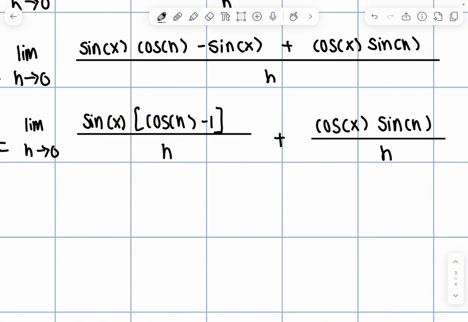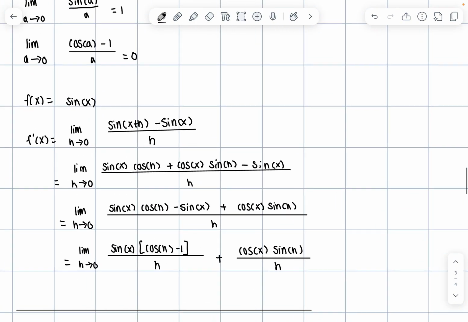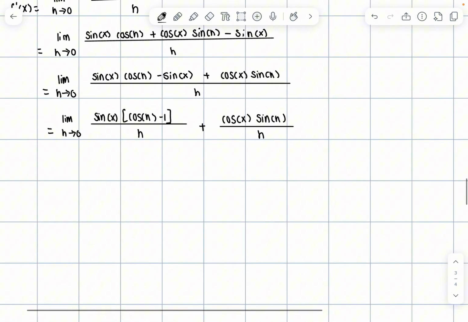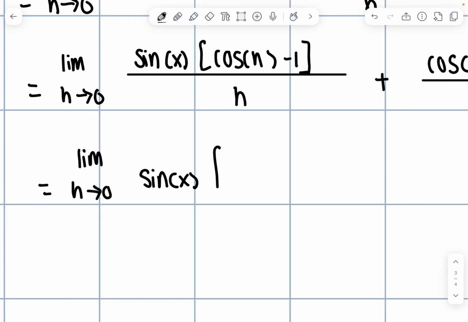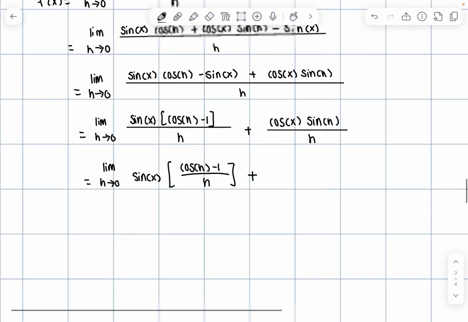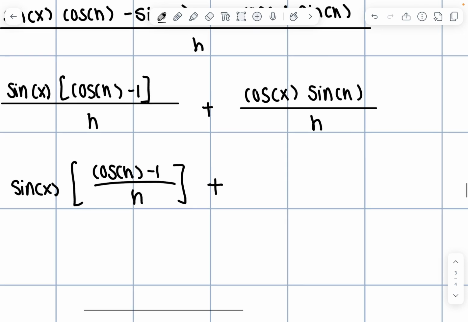Now, what I can see here is sine of x being multiplied by one of our identities: cosine of a minus 1 over a is 0. So that becomes the limit as h tends to 0 of sine x upon cosine of h minus 1 over h, plus, now the limit of a sum is also the sum of its limits, so we can bring this limit over here: the limit as h tends to 0 of cosine of x.